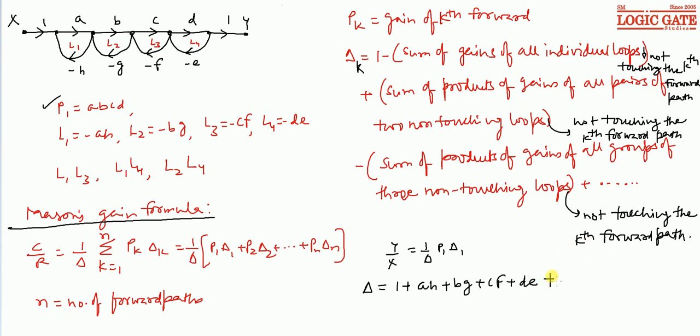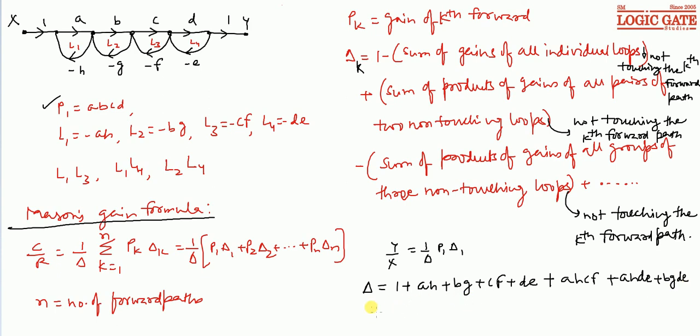So L1, L3 means AHCF. Minus minus will be cancelled out. Then L1, L4, so AHDE. And L2, L4, BGDE. So this is del.